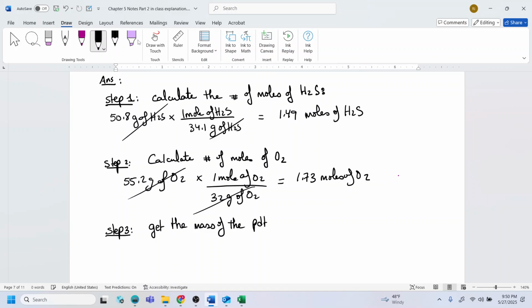Now I'm going to stop here and compare these two mole values together. And the one which is the smaller number of moles is the one which is considered to be the limiting reagent.